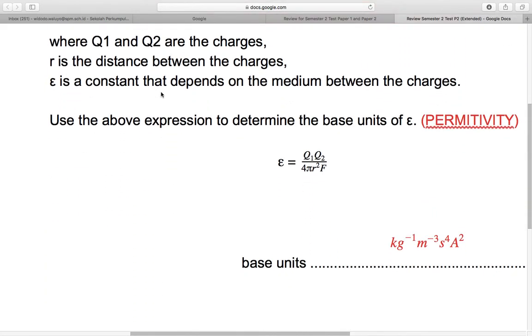So in total, after simplifying, the base unit of epsilon is kilogram minus 1, meter minus 3, second 4, and ampere squared.